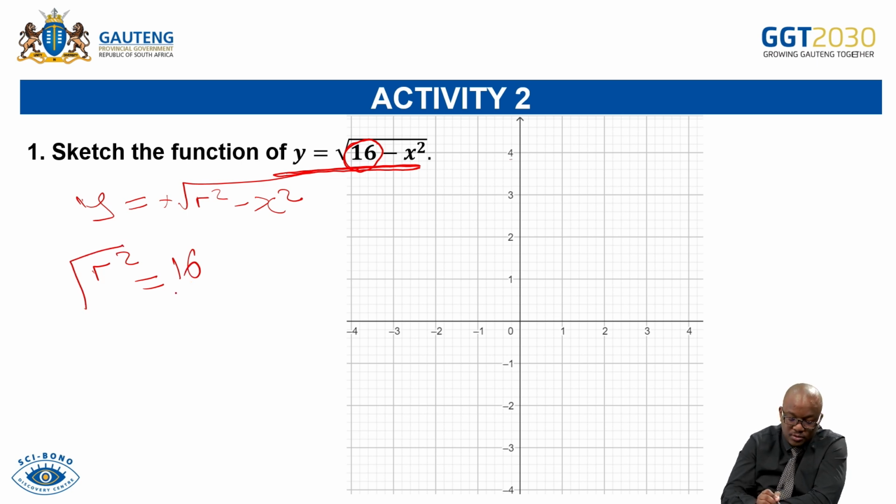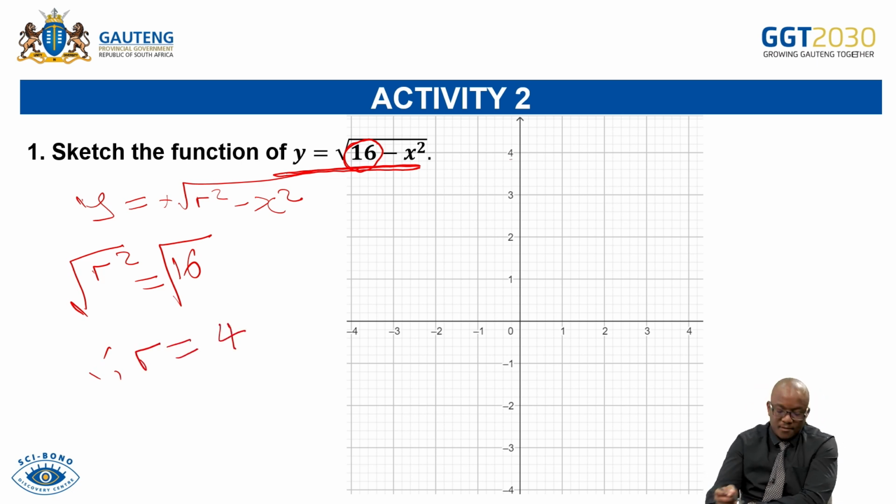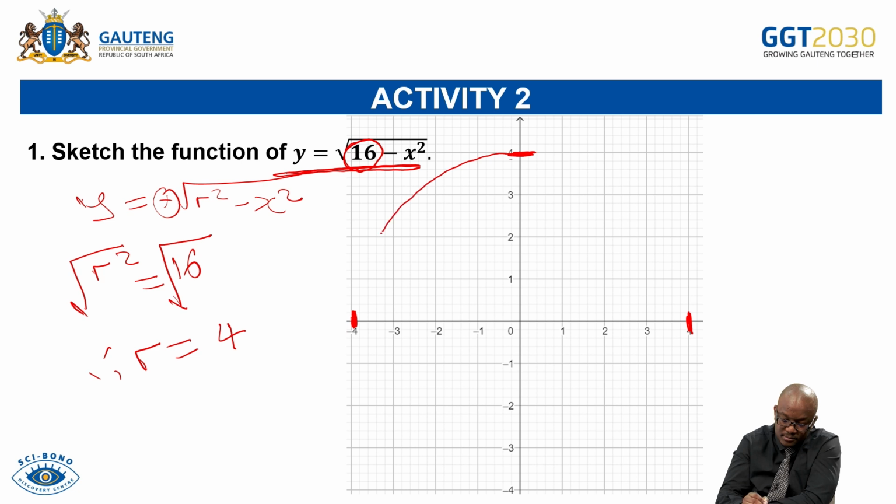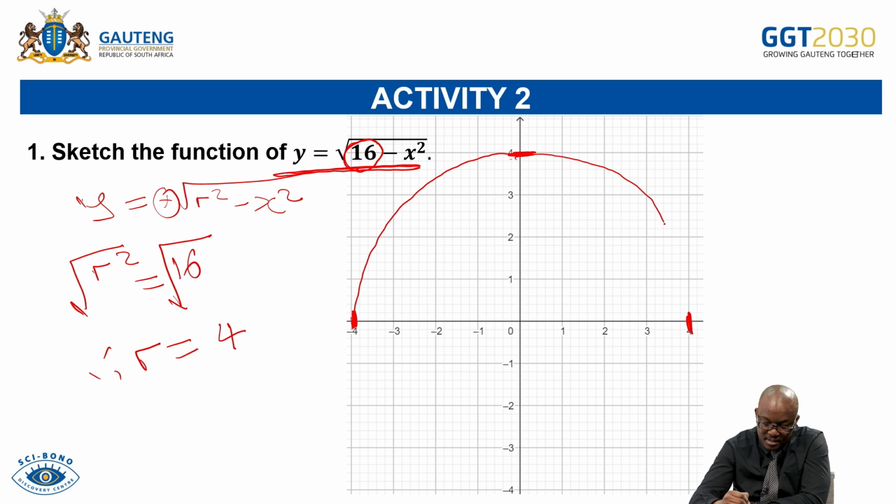So we introduce the square root on both sides. Our r is going to be 4. Because there it's positive, it means it will be +4 on the y values, -4 and 4. So our semicircle will look something like that. That's how our semicircle will look.